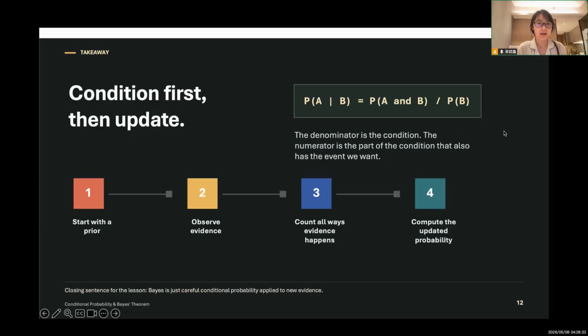Conditional probability tells us to count inside the condition, and Bayes' theorem tells us how to update when the condition is new evidence. So the next time you see a probability question with the word given, you can pause and ask, what group am I allowed to count inside? That question will guide you to the right denominator, the right calculation, and a much better interpretation.